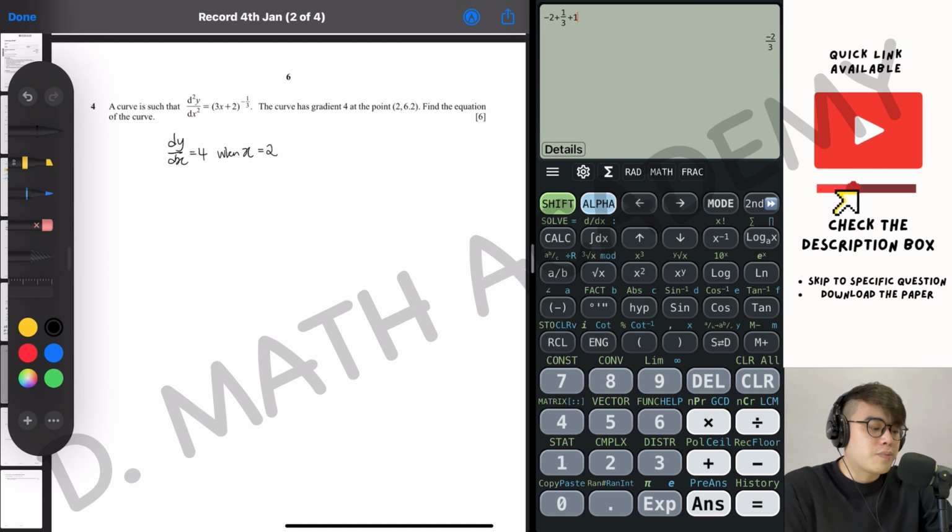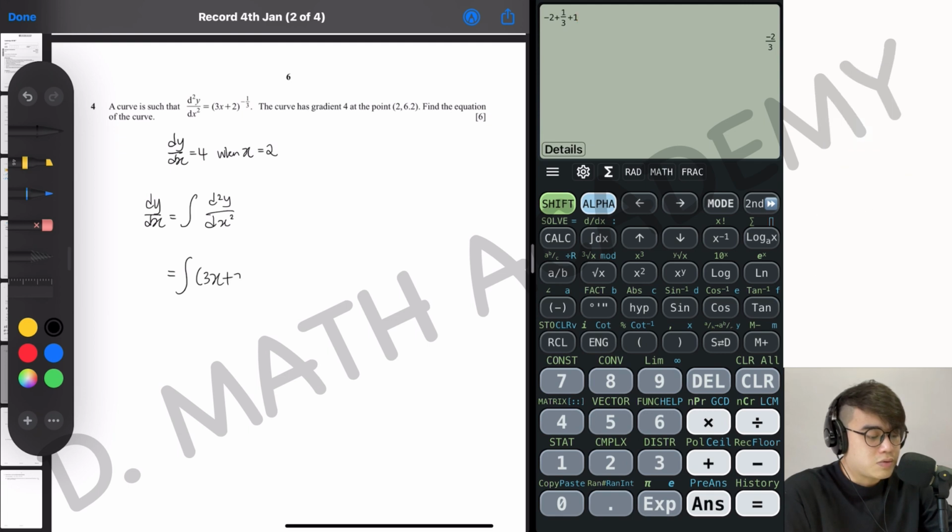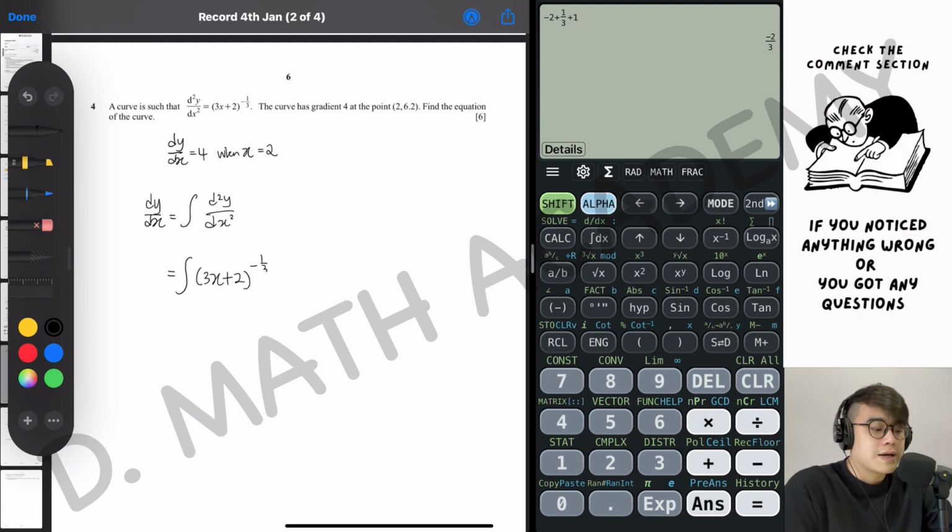So with this information, if I wanted to identify my dy/dx, all I have to do is to integrate the d2y/dx2 that was given by the question. By substituting this back in, you will be able to find the results. So let's start with our question here. First thing that will happen in integration is that you have to add 1 to the power.